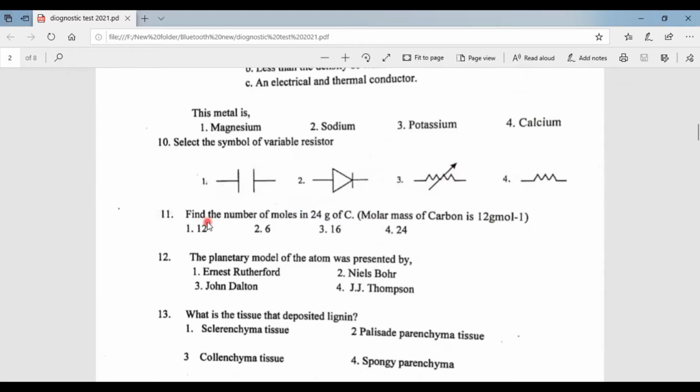11th one, find the number of moles in 24 grams of carbon. The molar mass is 12. It has been given. Then how to find it: n equals m divided by capital M. By using this equation, you can find the number of moles.